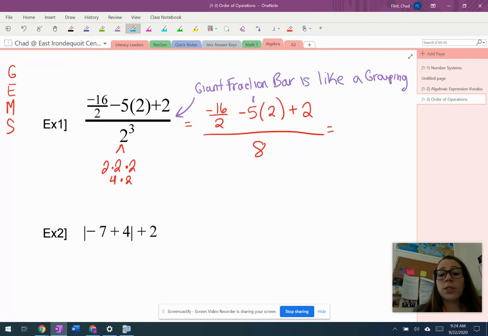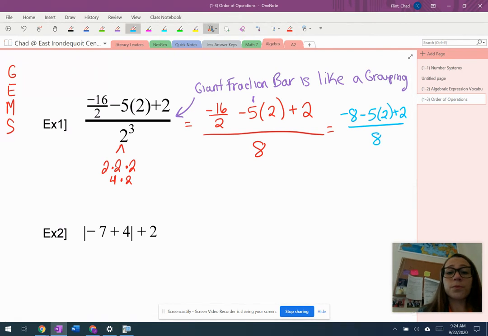So negative 16 divided by 2 is negative 8 minus 5 times 2 plus 2 all over 8. Next step, negative 8. Negative 5 times 2 is a negative 10. Plus 2 divided by 8.